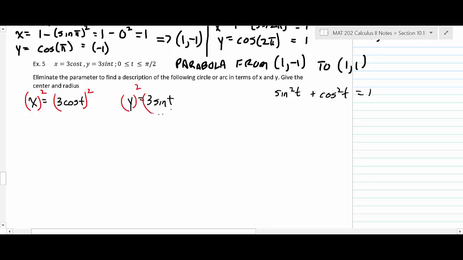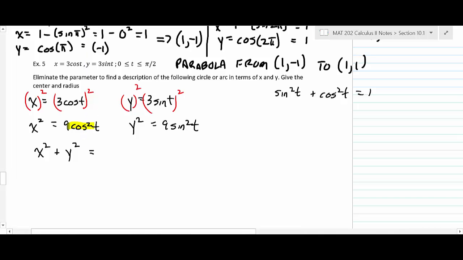Now, some of this stuff just takes a little bit of time and practice. All we're doing is just getting our feet wet here a little bit. So this one is going to become x squared. 3 squared is 9, so that's 9 cosine squared t. This one is y squared equals 9 sine squared t. Now what we're going to do is say x squared plus y squared, and when we do that, that's going to give us these two things.